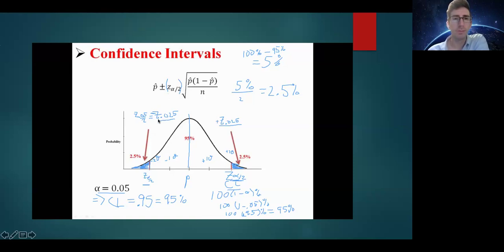We could use our inverse norm function. If we know the area under the curve to the left is 0.025, we could just use that inverse norm function to find the z-value. Let's do that really quickly. Let's see if I can find it really quickly.